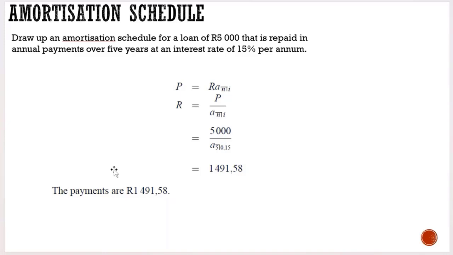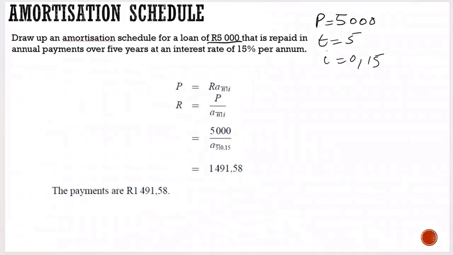That is your principal, so your P is equal to 5,000. It is repaid in annual periods over 5 years, so your T is equal to 5, at an interest rate of 15%, so your I is equal to 0.15, and everything is compounding once.